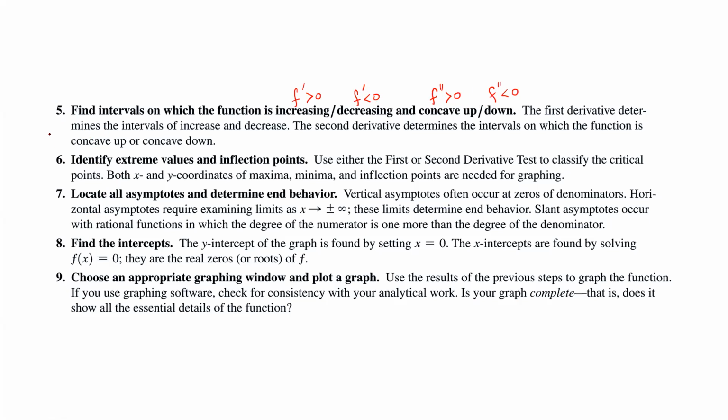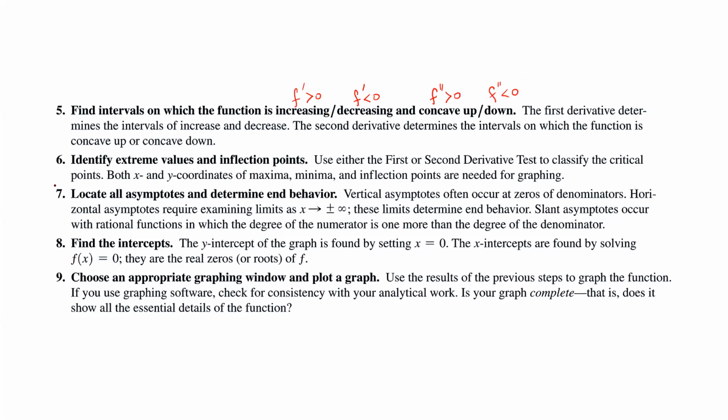And then using the information that we've gathered there, we can determine which of those critical points are going to be local max or local min, and also identify any inflection points. Remember, inflection points are where it changes from concave up to concave down or vice versa. So those would be points where the second derivative changes sign from positive to negative or vice versa.